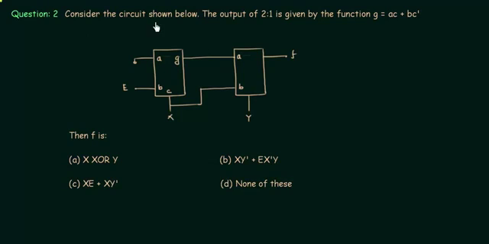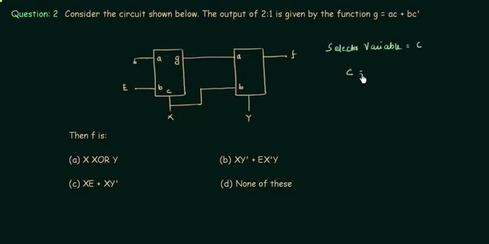Consider the circuit shown below. The output of this 2:1 mux, it is definitely a 2:1 mux, is given by the function G equal to AC or BC complement. Now let's see what I am having here. The C here is my selector variable, I can see. So C is my selector variable, and depending upon the value of C, the input will be linked to the output.